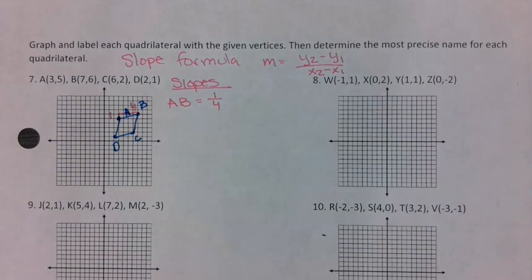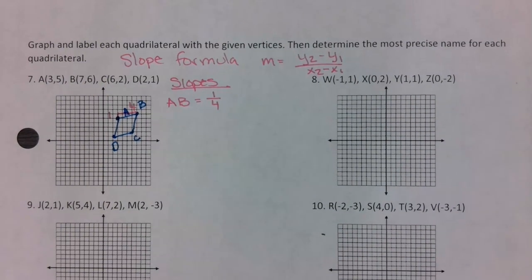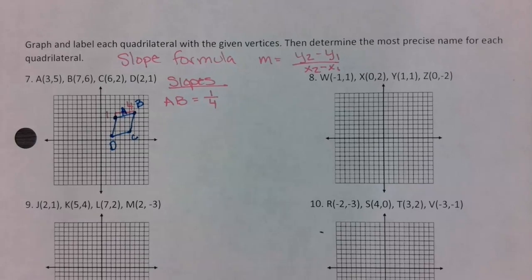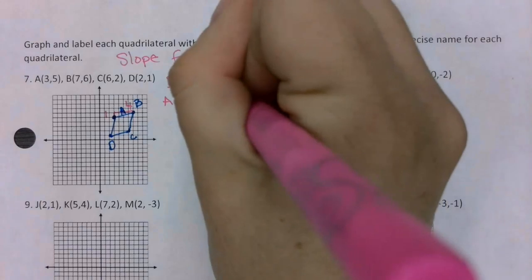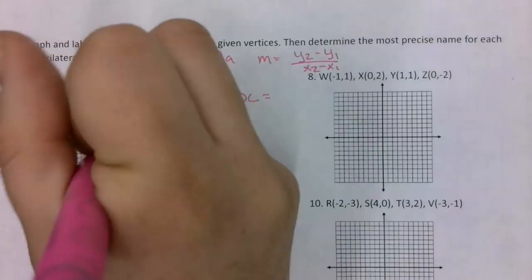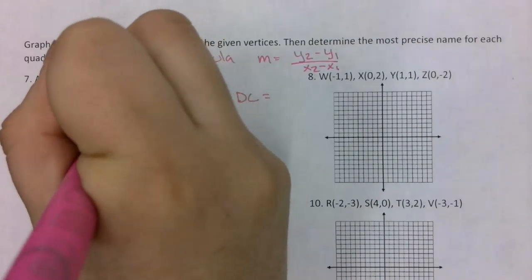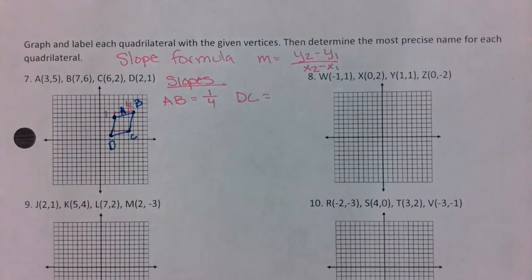So which one do I want to check to see if AB is parallel to? BC, CD, or DA? DC. So how many do I go up and over to DC?